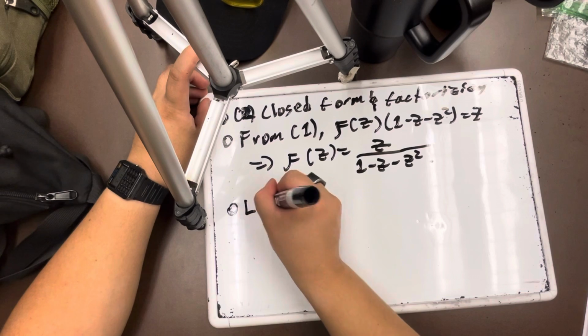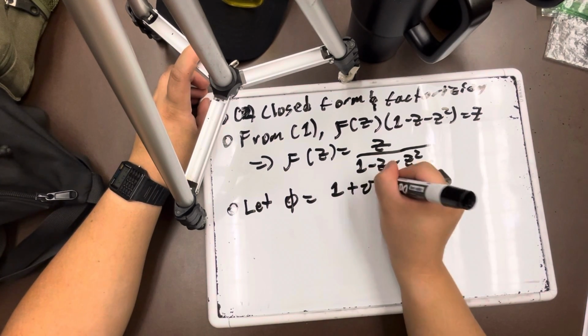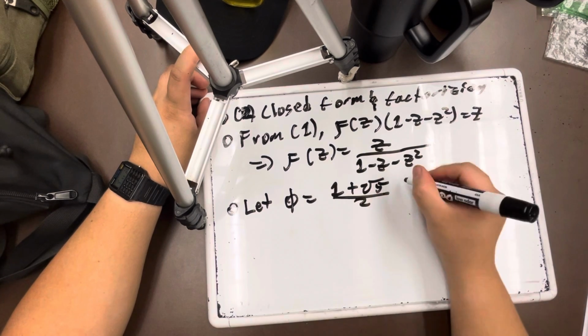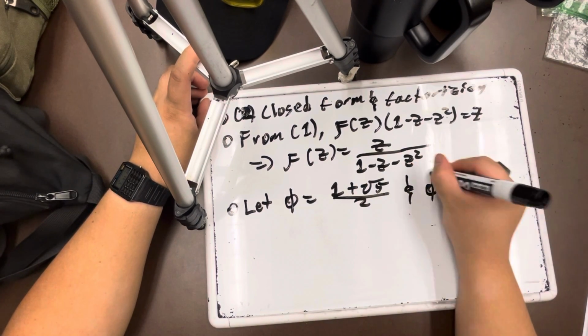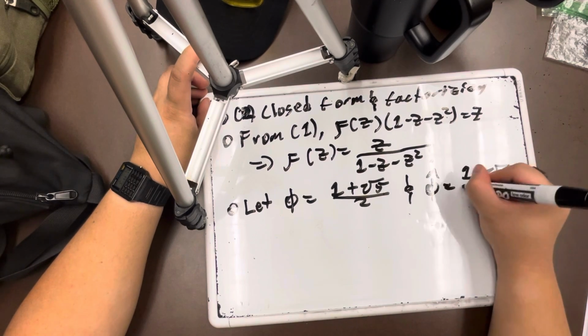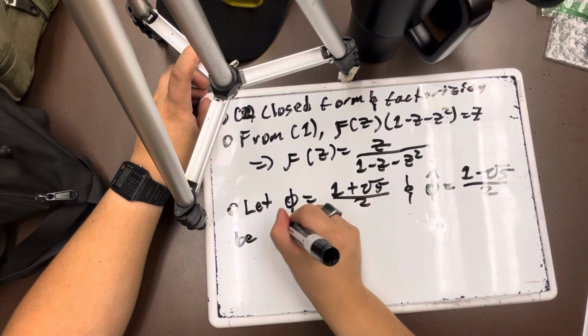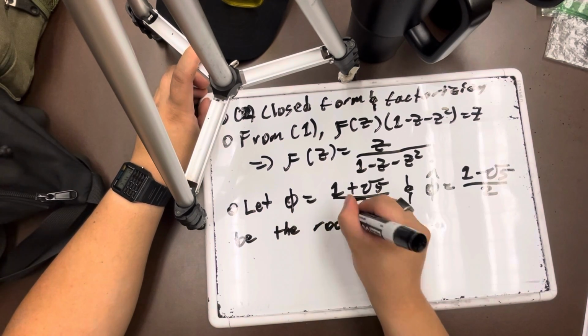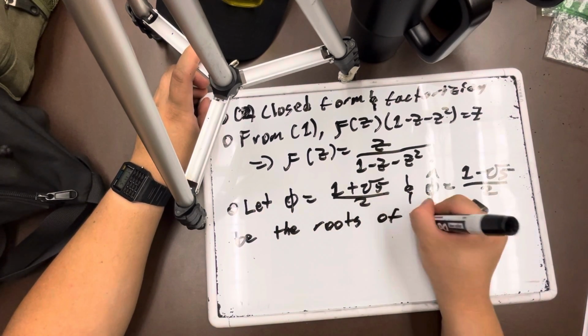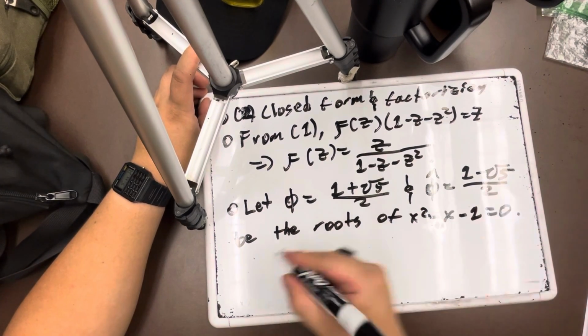Now let phi equal 1 plus the square root of 5 over 2, and phi hat equal 1 minus the square root of 5 over 2, be the roots of x squared minus x minus 1 equal to 0.